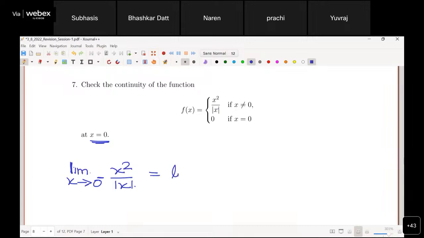So I can rewrite this as limit x tends to 0 minus of x squared divided by minus x, because if x is less than 0, then modulus of x is basically minus x. As x goes towards 0 from the negative side, minus x also goes towards 0. So this is my left hand limit.